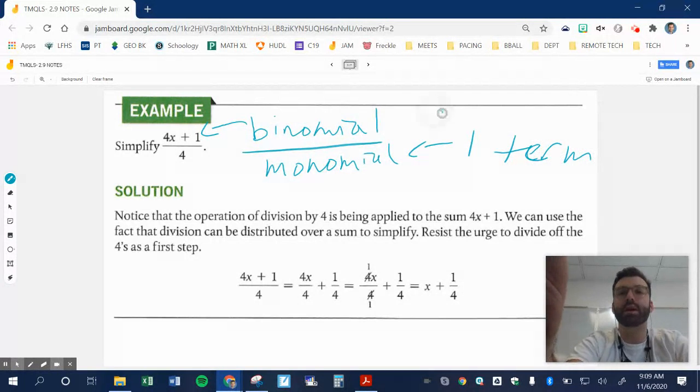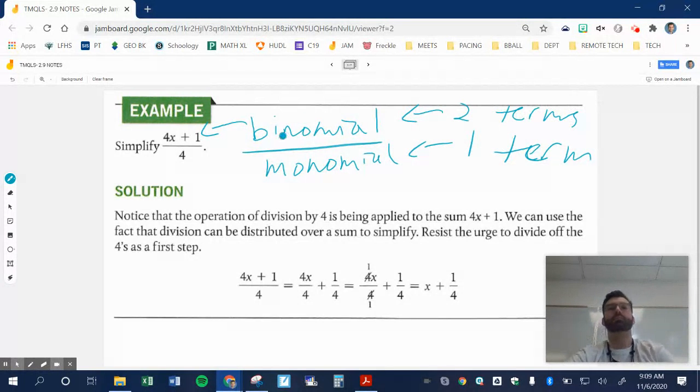You may remember this from last year, and a binomial is 2 terms. Binomial, like biannually, if something occurs biannually, that's twice a year. Monomial, I think it's just like mono. If a person gets mono, then that person has mono. I don't know, there's other ways to think of it. I just think of mono is right in there, so for sure.